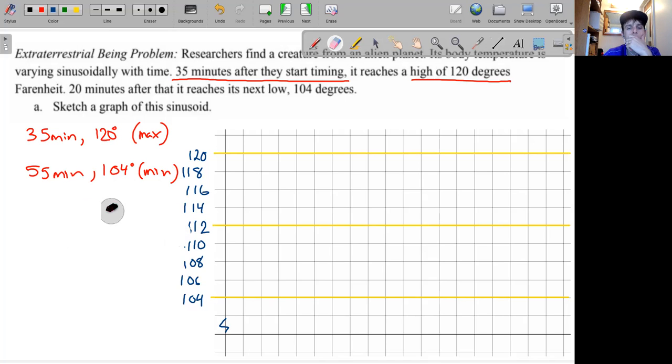Now we need to think about these data points and the x-axis. We have at 35 minutes a maximum, and at 55 minutes a minimum. Let's look at both sine and cosine. Here's a sine curve. Here is a cosine curve.